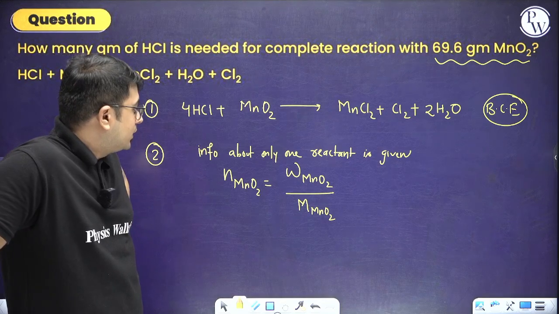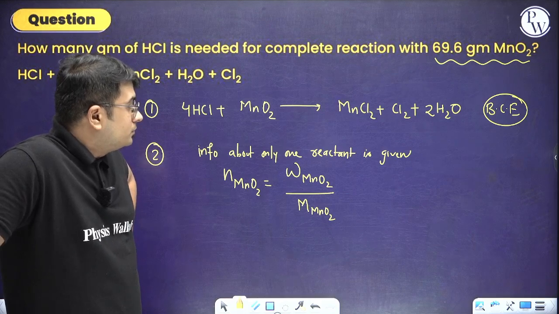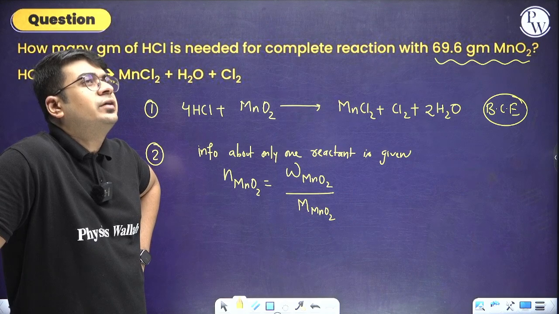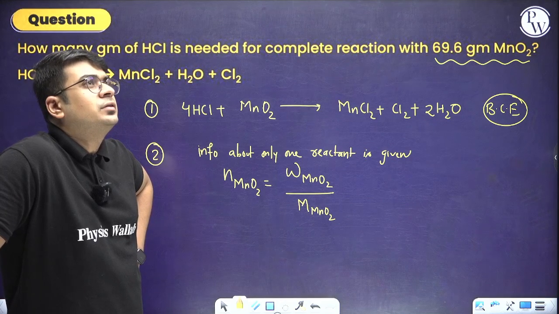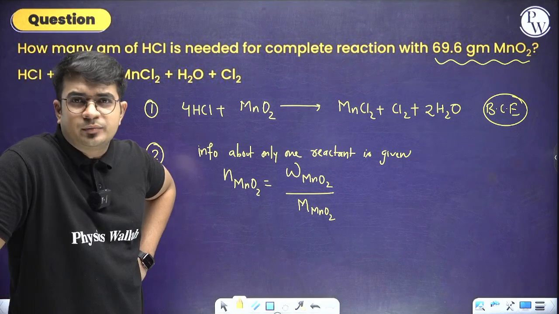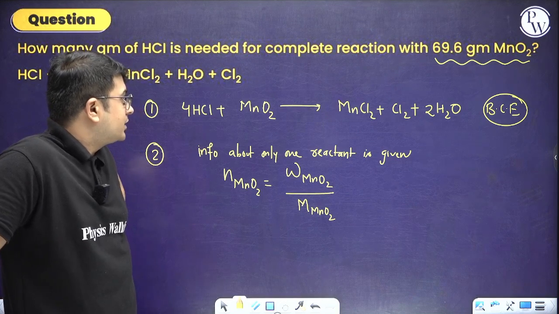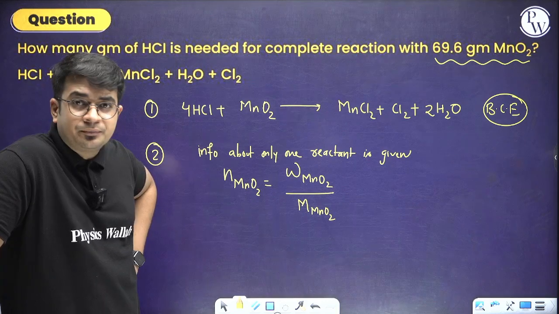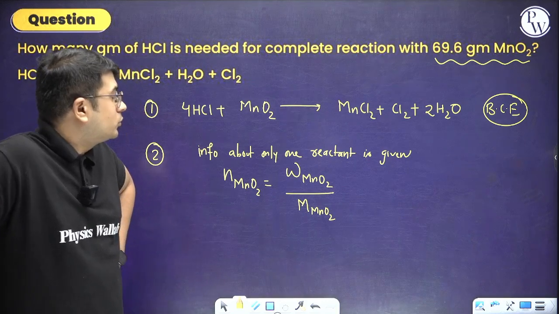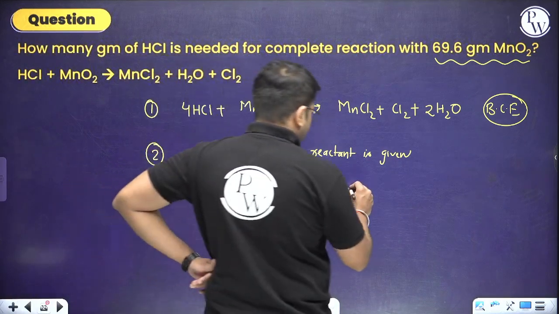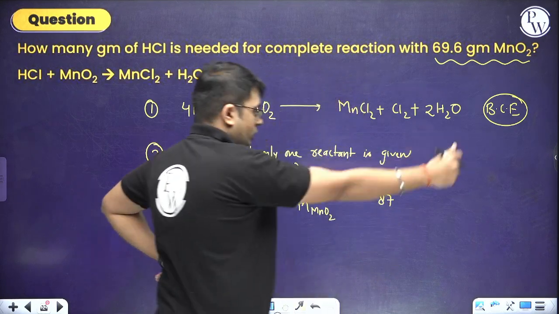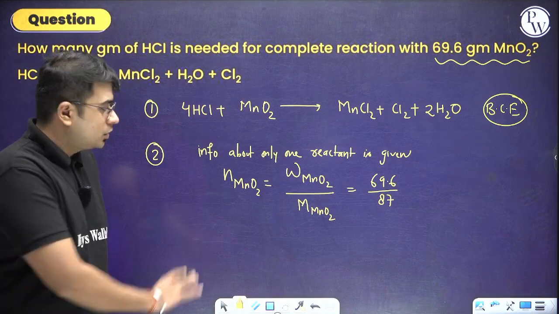So 55 plus 32 is approximately 87. So 69.6 divided by 87. This part is already known.